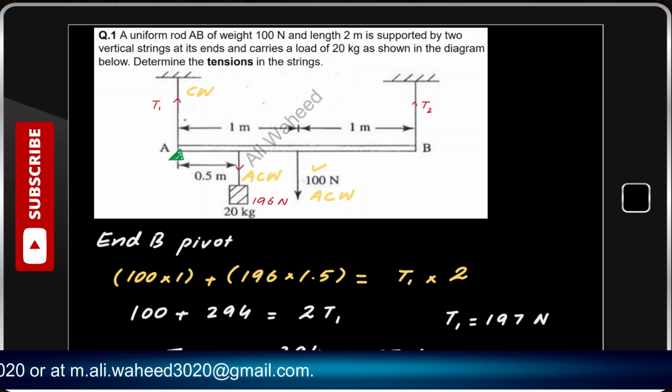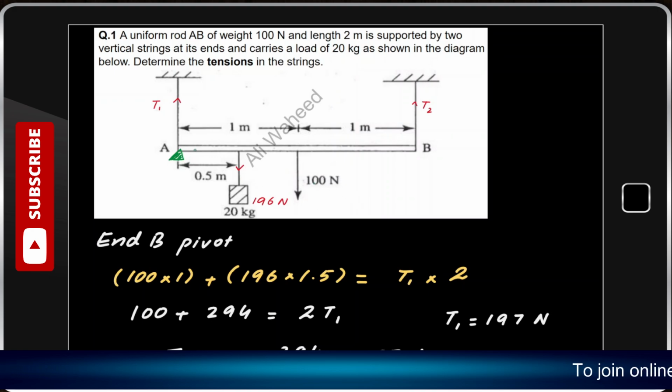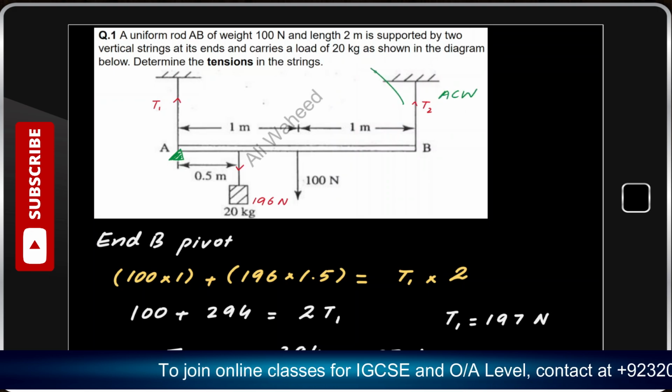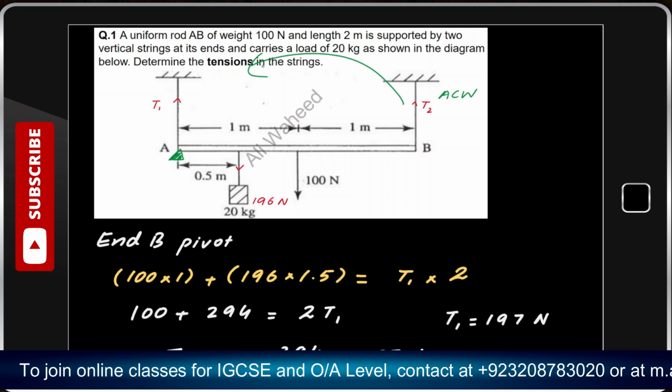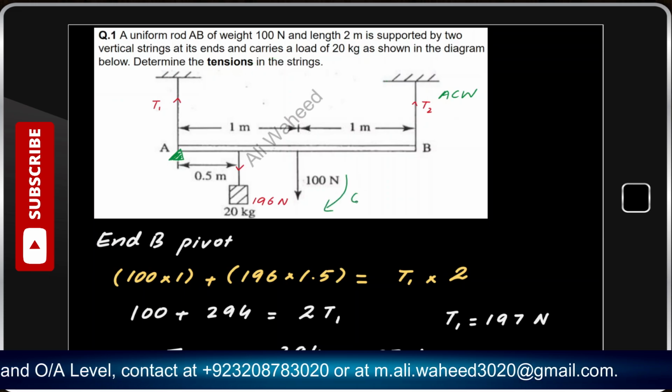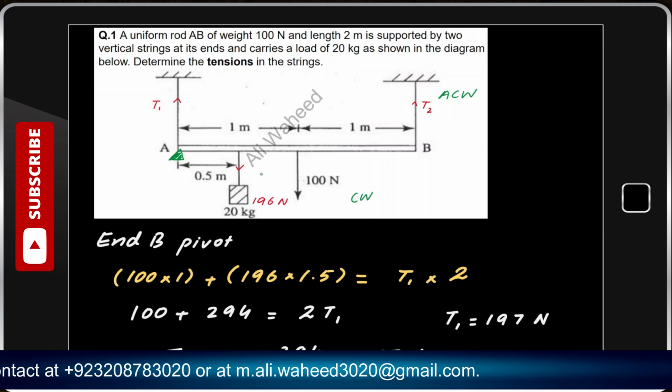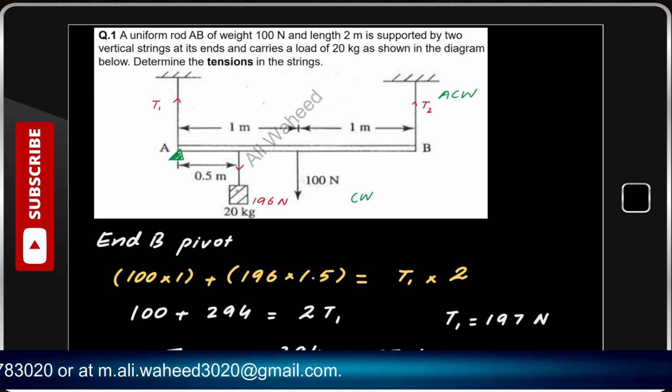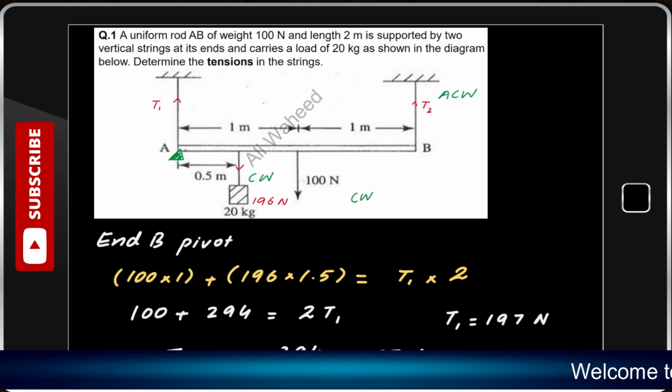I'm going to label the forces which will produce the moment accordingly. If this is a pivot, this one would rotate it anti-clockwise, because just try to visualize the direction of the force. This one would move it clockwise, and the force of 196, which is the weight of the 20 kilogram mass, would also rotate it clockwise. A is the pivot.